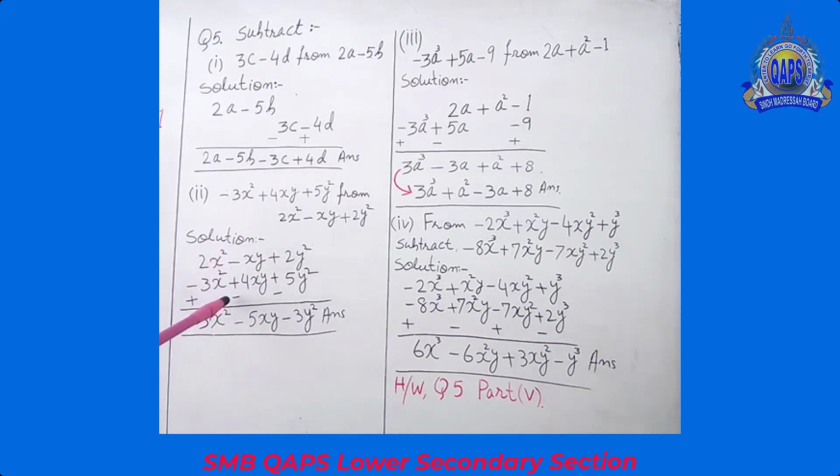Minus sign, minus sign: minus 4, minus 1, minus 5xy. Plus sign: minus 5y plus 2y will be minus 3y square. Answer. Understand?